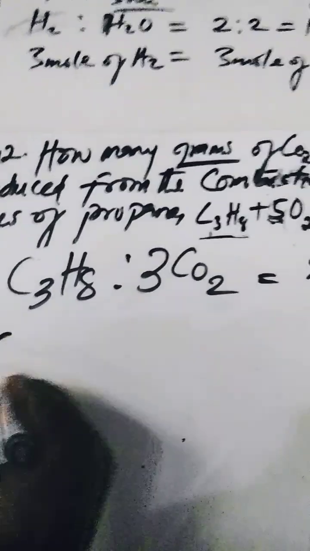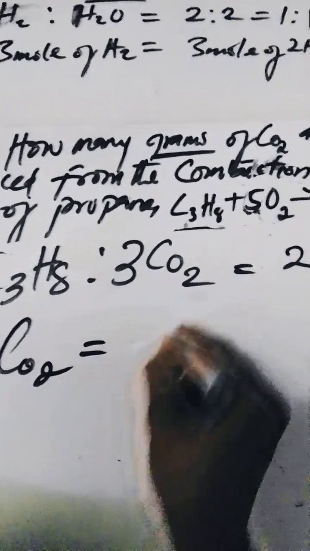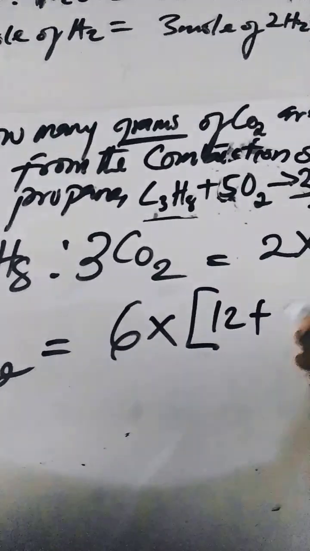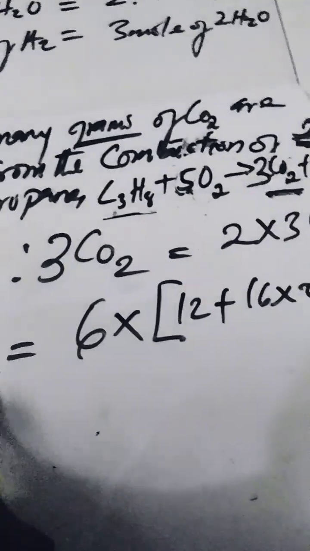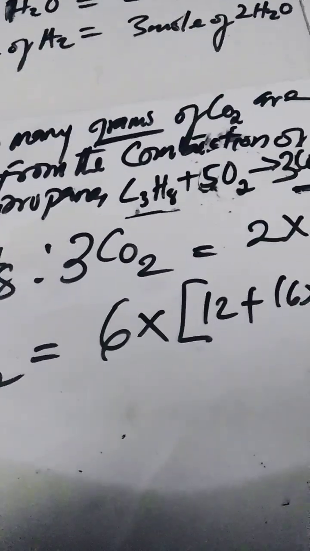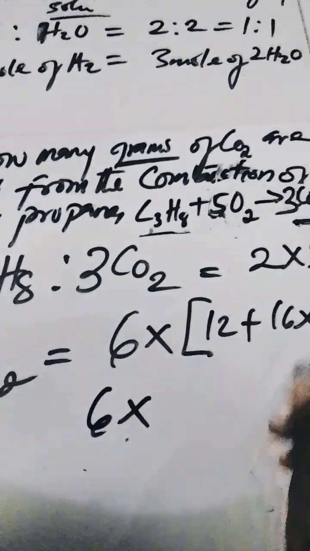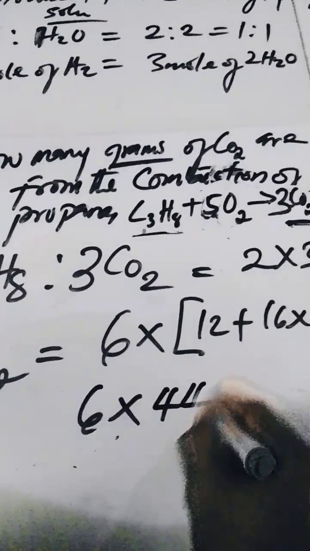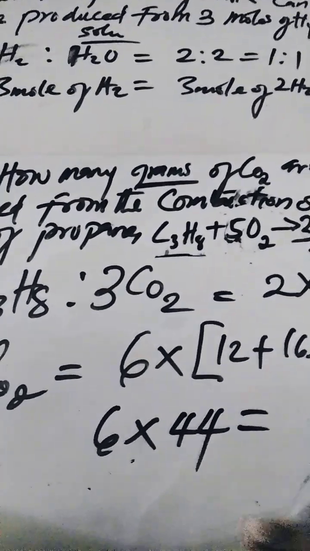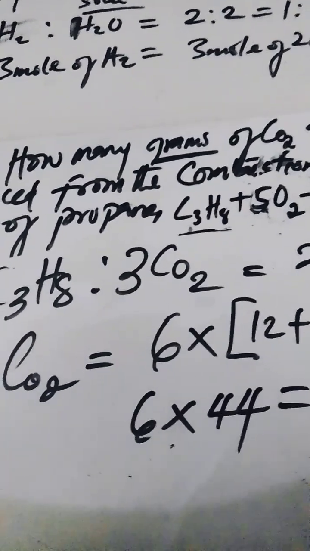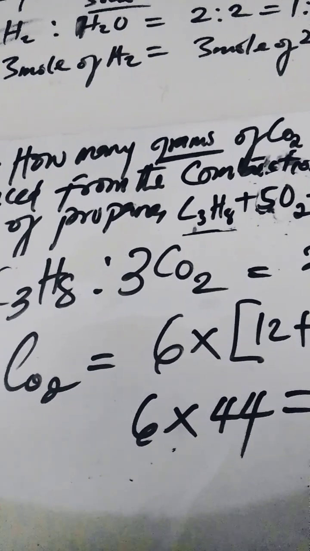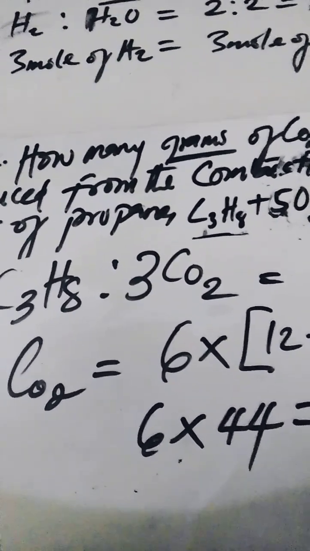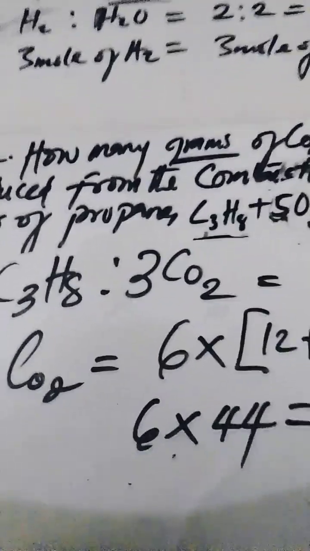So this becomes 6 CO2, which is equal to 6 times 12 plus 16 times 2, that is 44. So multiply this together, you will get 264 grams. As simple as that.